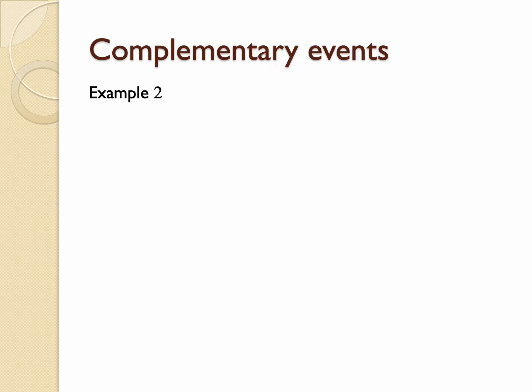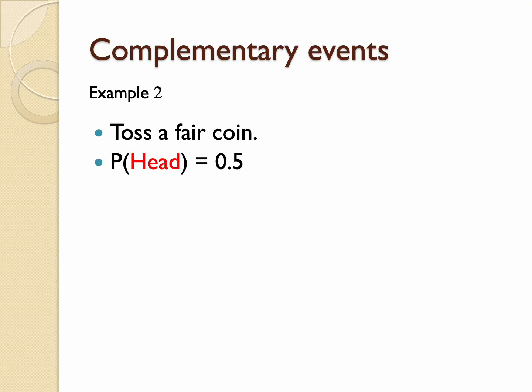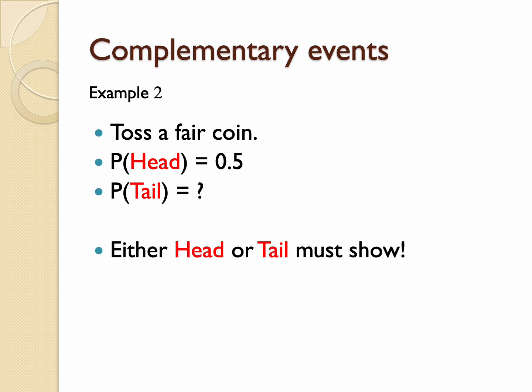So here's another example. Suppose we toss a fair coin, where probability of getting a heads equals 0.5, because that's the definition of a fair coin. Then what is the probability of getting tails? Note, one of the heads or tails must occur. We discount the possibility that the coin can stand upright.